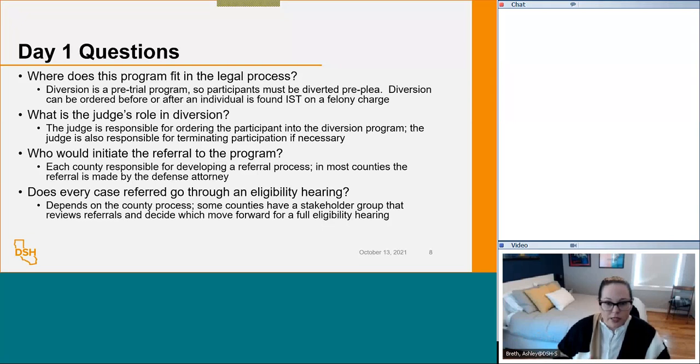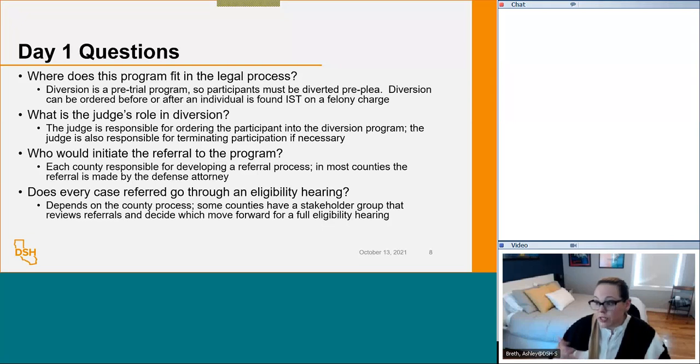In a lot of other types of diversion, like mental health court, a participant typically has to check in with the court. The courts would set that schedule, and they would also ultimately be responsible for terminating participation in the program if that's needed.